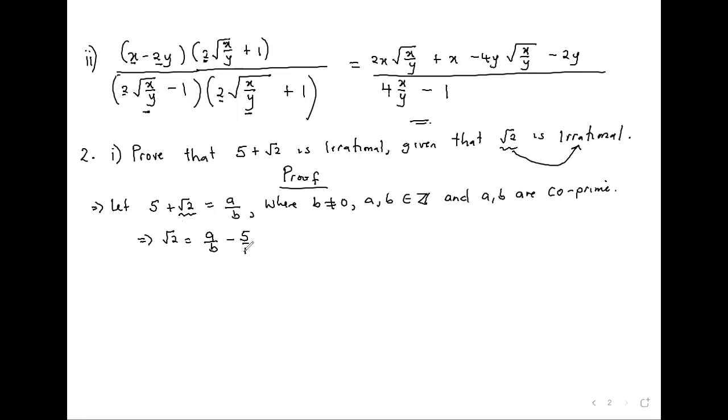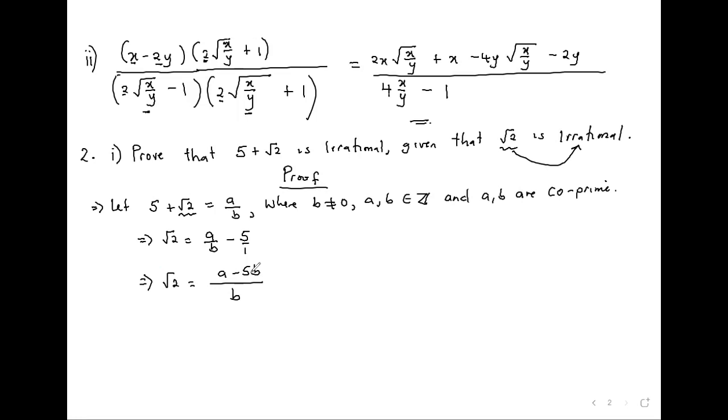So you say 5 over 1, which implies that root 2 is equal to a minus 5b over b. That's how, once I have this, it's just from the fraction point of view.